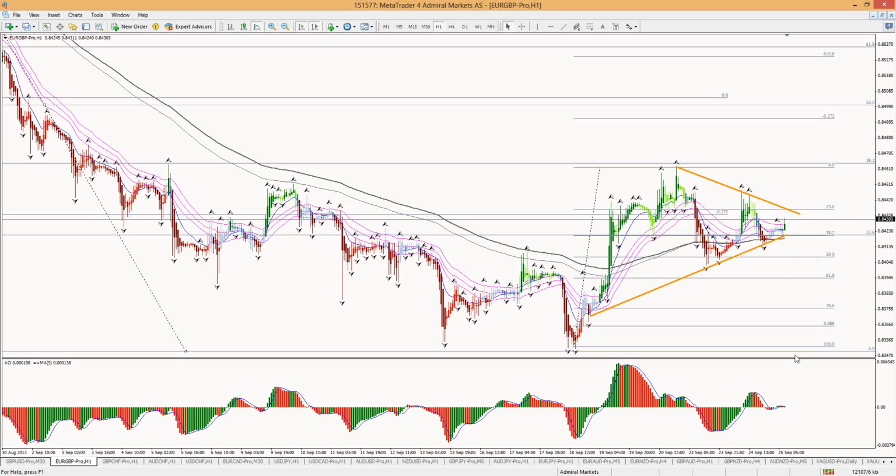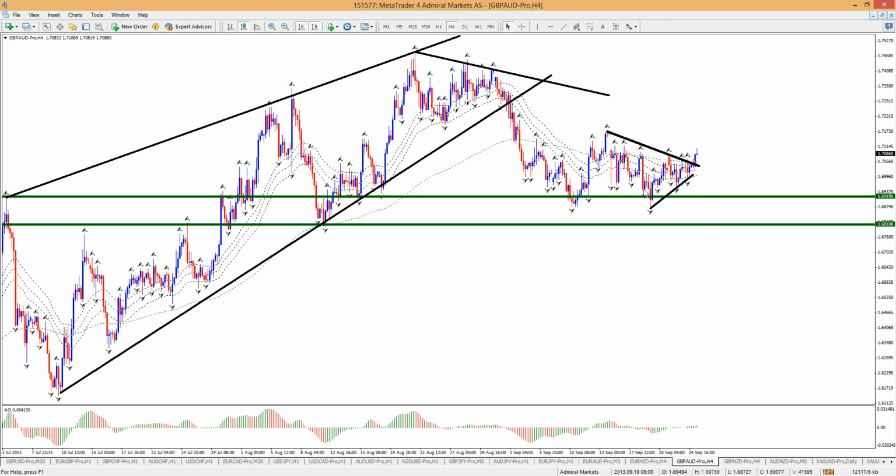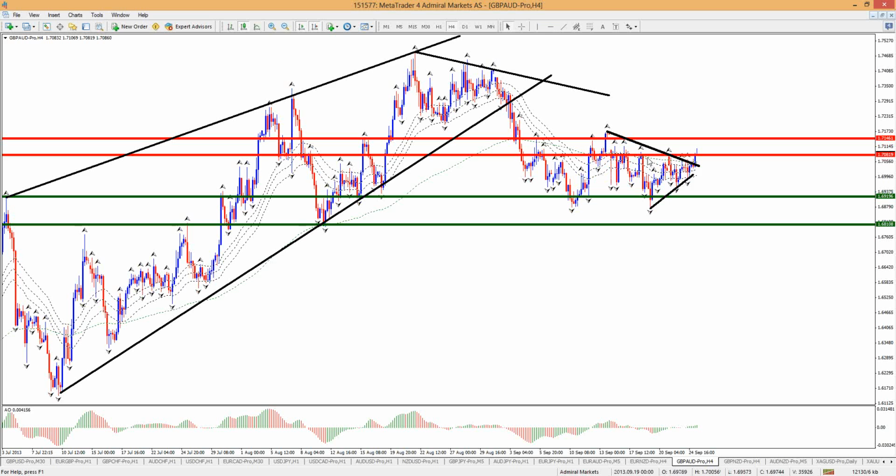Maybe we could expect a bit more euro upside than the pound upside, but both are breaking, in fact, to the upside as we speak. And the pound odd has been in this wedge for quite a long time, as you can see. Now, it is a triangle, but it doesn't mean there's no horizontal resistance above, so we should be aware of that as well.